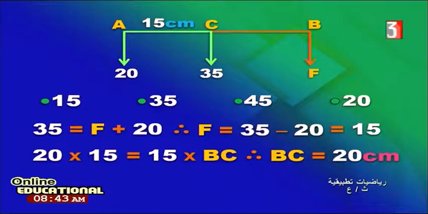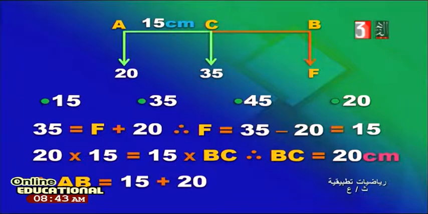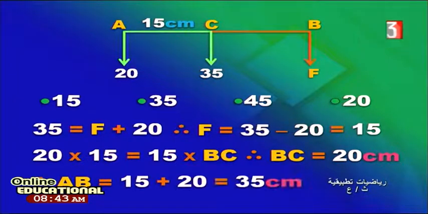Then the length of BC is 20 centimeter, or the resultant 35 acts at 20 centimeter from the point B. AB equals 15 plus 20 equals 35. Remember, in this case the distance between the two forces F and 20, the length AB, equals 35.